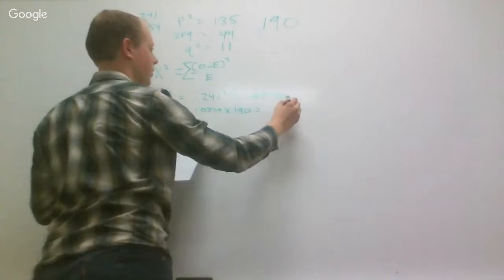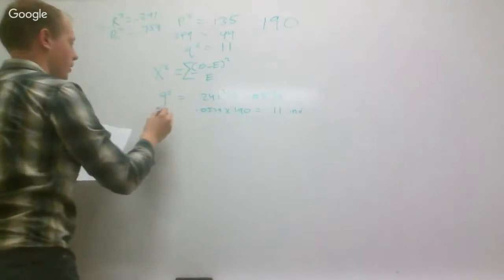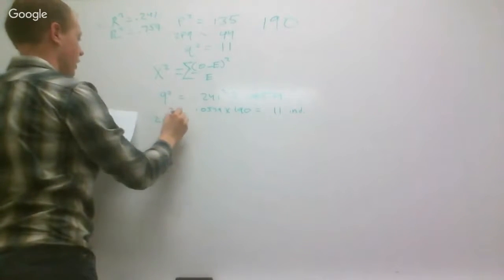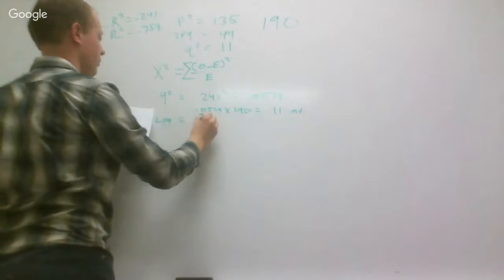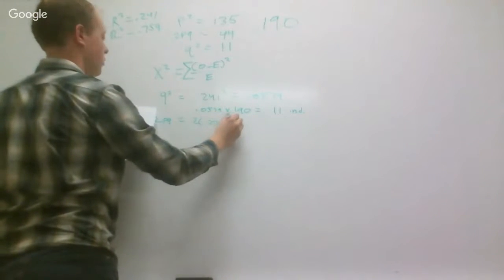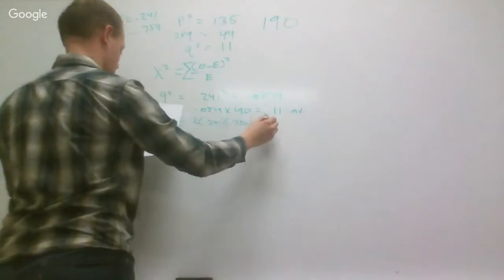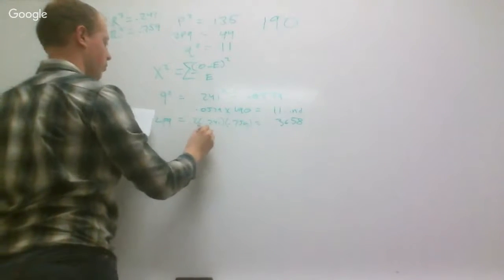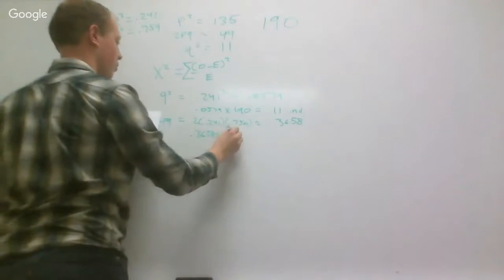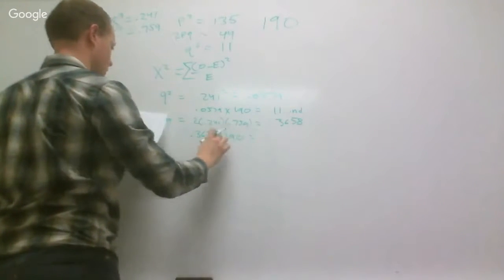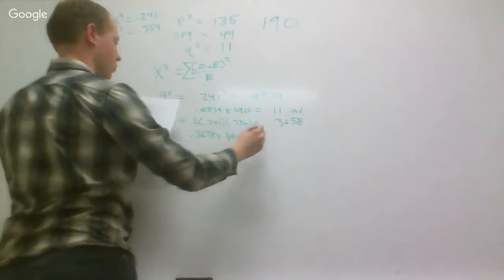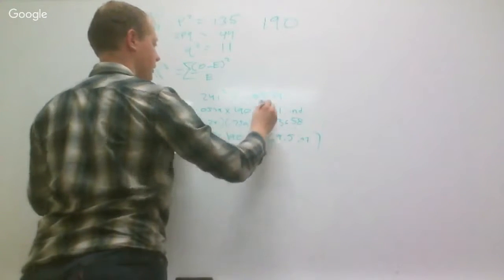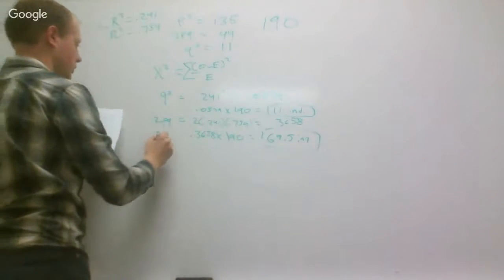It turns out to be 11 individuals for the homozygous recessive. Our next is 2pq, the heterozygotes. So that'll be 2 times 0.241 times 0.759, which equals 0.3658. So take that proportion and multiply it by the total individuals, 190. And that equals 69.5 individuals. That's the expected amount of heterozygote individuals.